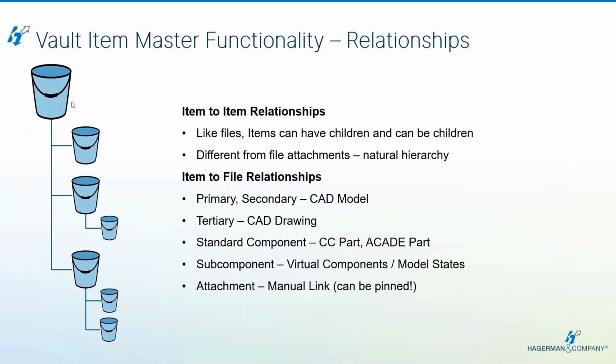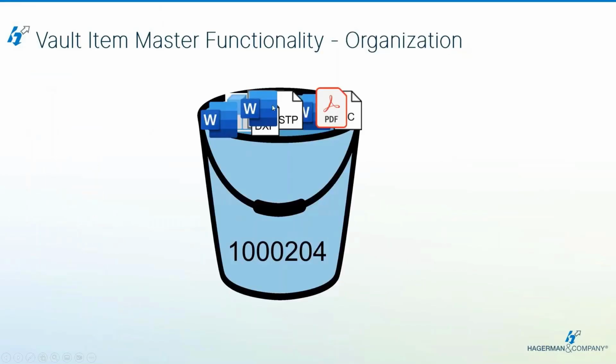One is the parent and one is the child, but it's not quite as obvious because that information is only available on the uses and where used tabs of the file. An item in Vault Professional has a bill of materials, and it has children, and it is used in other places.